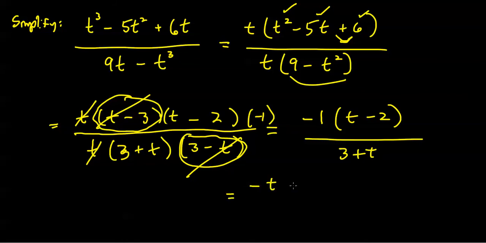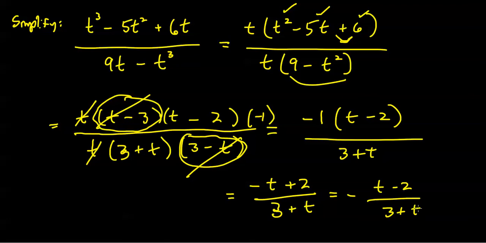If you want to change how it looks in equivalent form, I could take that negative 1 and multiply it through in the numerator, and I get minus t plus 2 over 3 plus t, and that's a fine answer. I could absorb that negative sign outside the division process, and that's fine too. Don't forget that negative sign out here if you're going to do that.